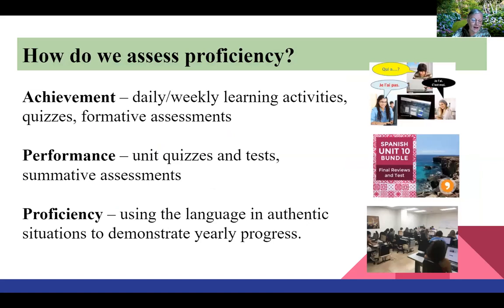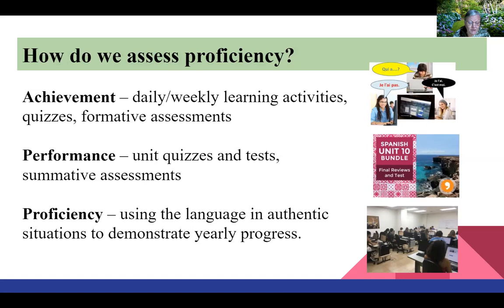So, how do we assess proficiency? First, it's important to understand the difference between achievement, performance, and proficiency. In an article called Proficiency versus Performance versus Achievement, it explains, simply stated, proficiency is the ability to use language in a real-world situation.